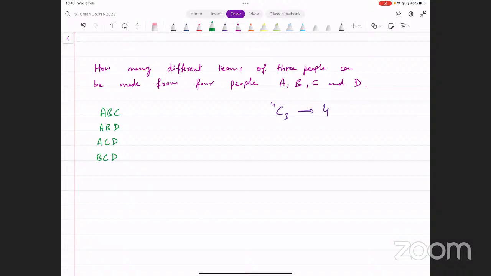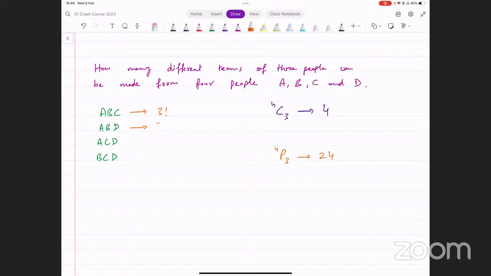Now, if you were to use permutations instead, what does that give you? That gives you 4P3, and that number is 24. Where would that come from? Basically, permutations would count each of these teams 6 times, 3 factorial times, because in how many ways can you arrange this team ABC? You can arrange this in 3 factorial ways, right?